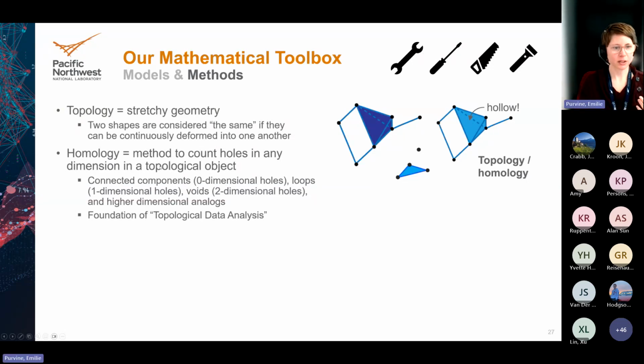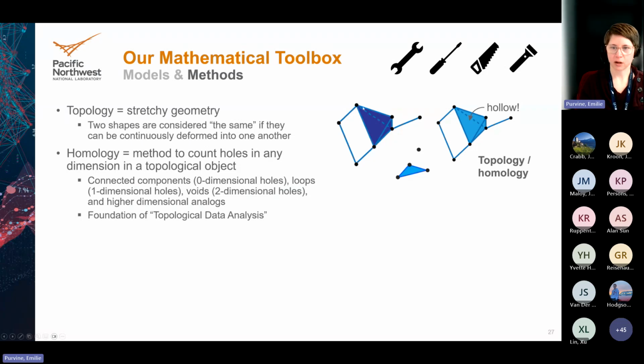Homology is a method that we use to count holes, or analyze the shape of a topological object. These are three different topological objects: a bunch of vertices connected by edges, connected by triangular faces, and solid tetrahedra. They have different structures, different shapes.